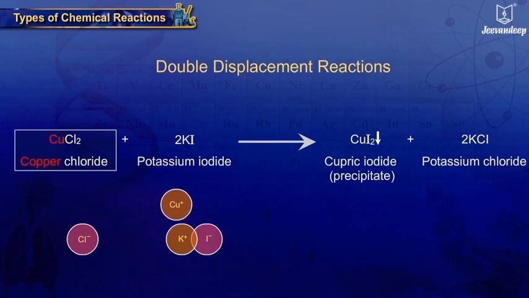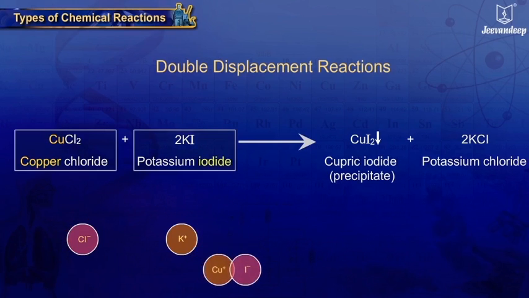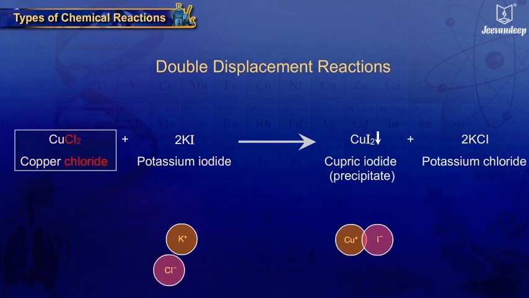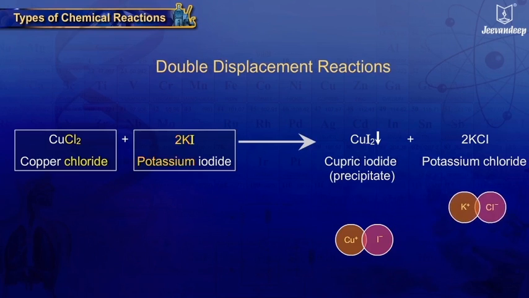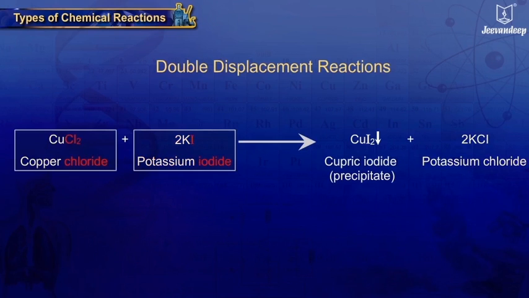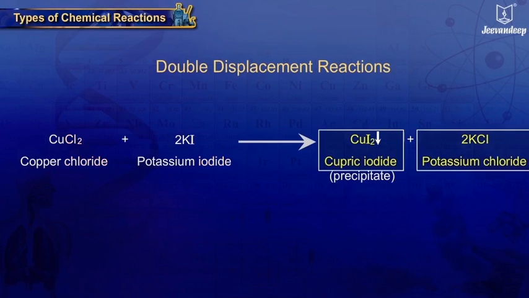In this case, copper ion combines with iodide ion and chloride ion reacts with potassium ion. Thus, positive and negative ions of both the reactants are exchanged to form the product molecules.